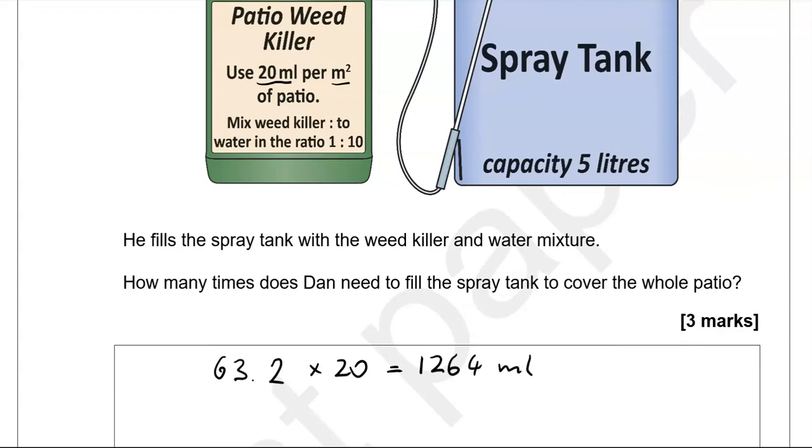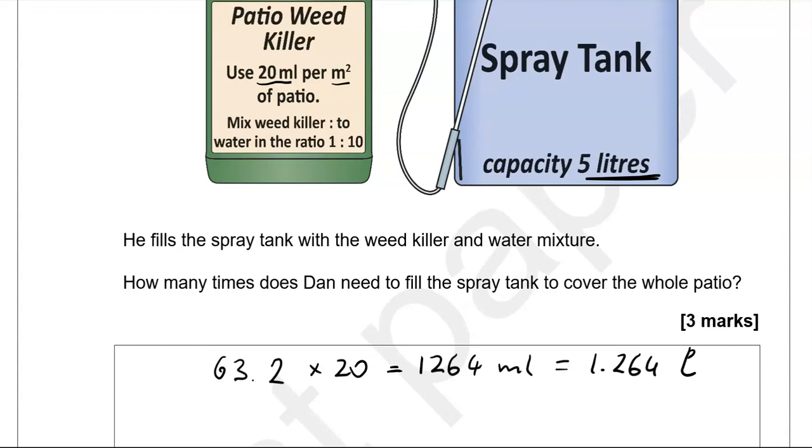If we divide this by 1,000, it's going to give us 1.264 liters. So we've converted it to liters, since the capacity of the tank is given in liters.